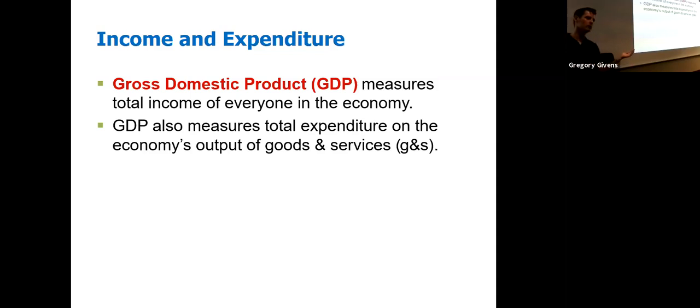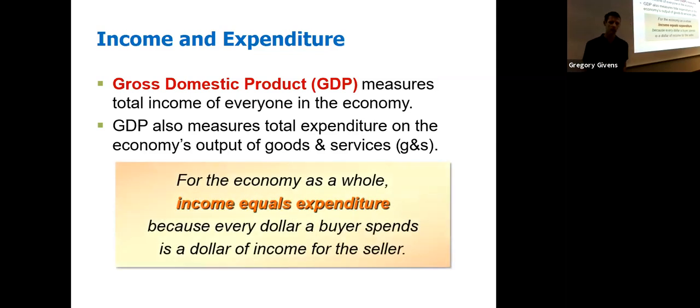They have to be equal, right? And so that's what's going on here: GDP measures total income in the economy, and it measures the total expenditures on goods and services because, as Neff has described here, those two things, income and expenditure at the aggregate level, have to be equal to one another, okay?